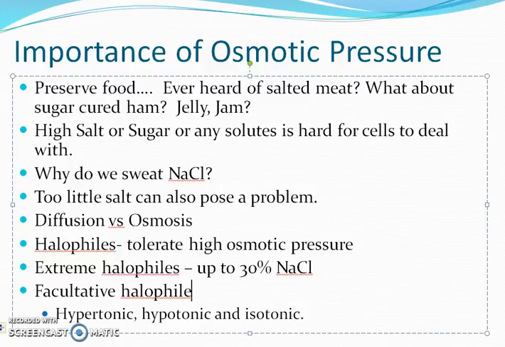This is also the reason we have one organism called Deinococcus radiodurans that can withstand high concentrations of radiation. 1,000 times the amount of radiation that would be required to kill a human. These puppies still keep going. Deinococcus can handle it. It's because Deinococcus can handle high salts.